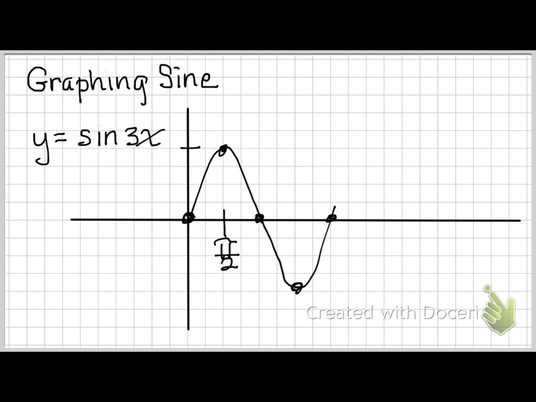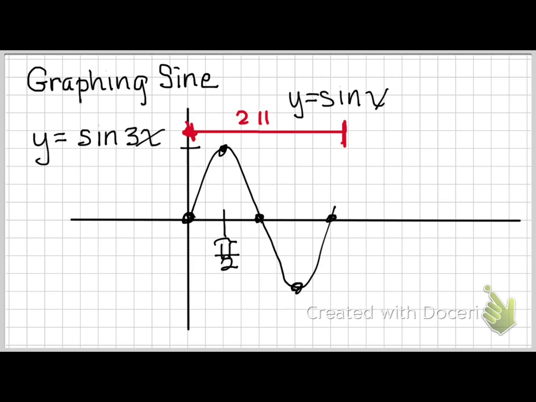And here's the deal with this. The basic function, y equals sine x, takes that 2 pi from here to here. It takes 2 pi units to go through a single cycle. So digest that. Your basic sine function, y equals sine x, your parent function, if you will, takes 2 pi units to go through a single cycle.